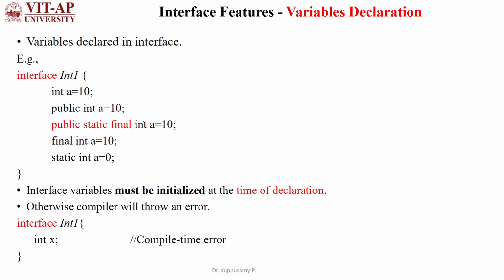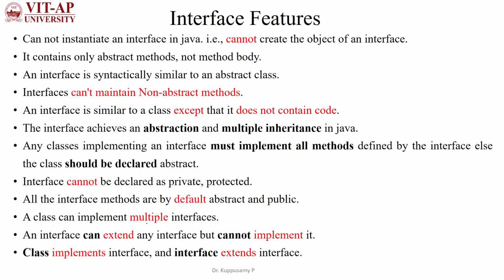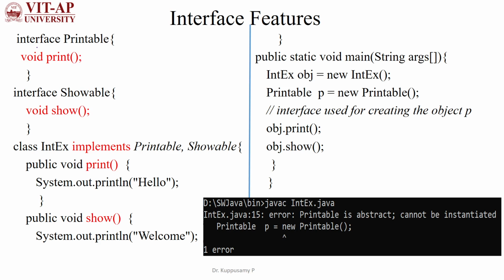I will show you an example here. In this I am defining the interface with the keyword interface. Printable is the interface name. Here you see I am declaring a method, and I ended it with a semicolon. It does not have a body for this particular print method.